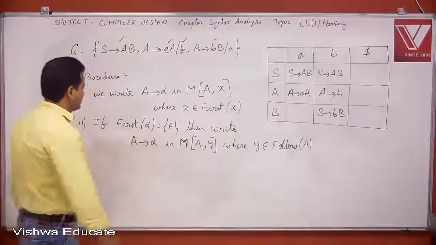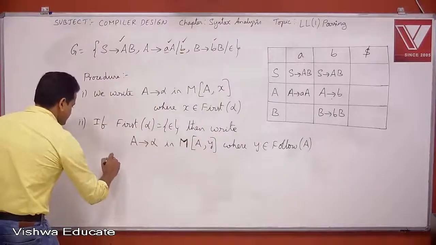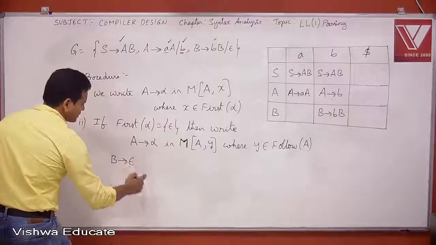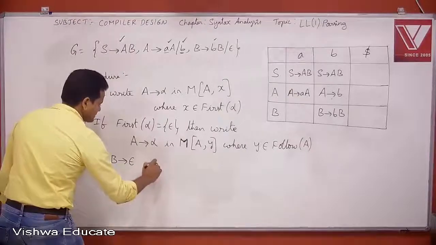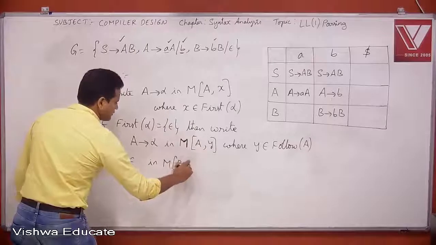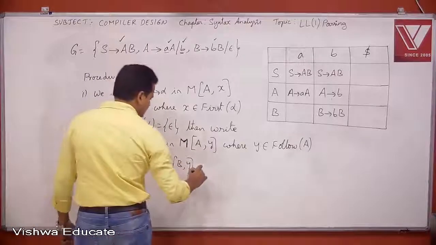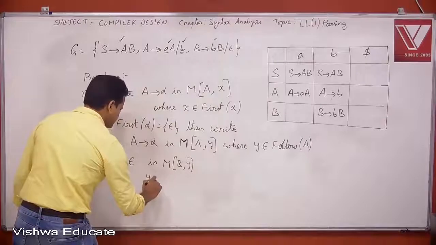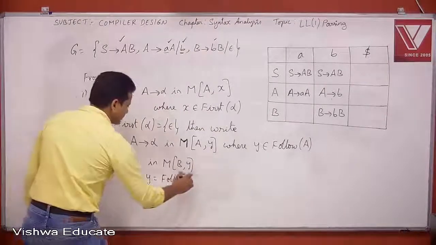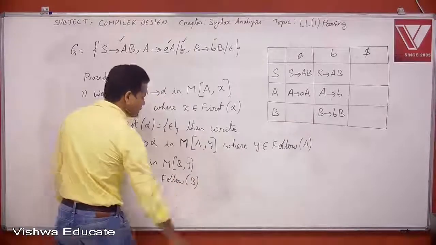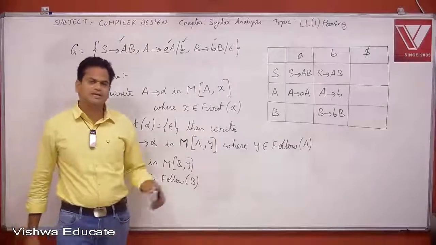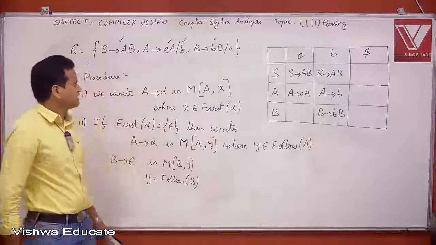Okay, now the last production, B derives epsilon. Here first of epsilon is epsilon, therefore we must write this in the box of Bth row, yth column, where y is follow of B. So to find the follow of B, we must find the productions wherever B is on the right side of the arrow.